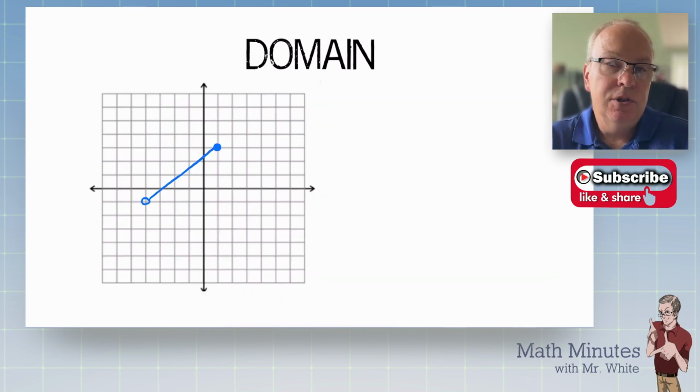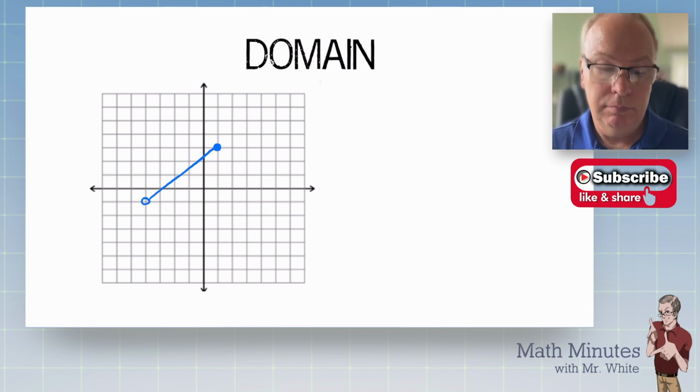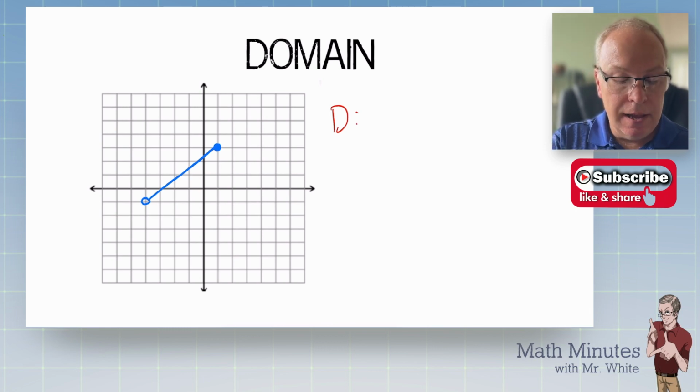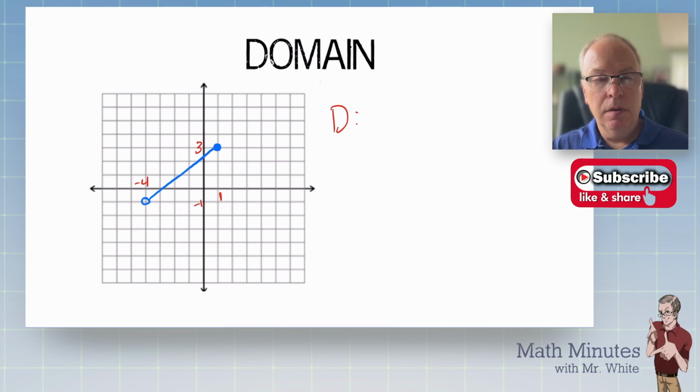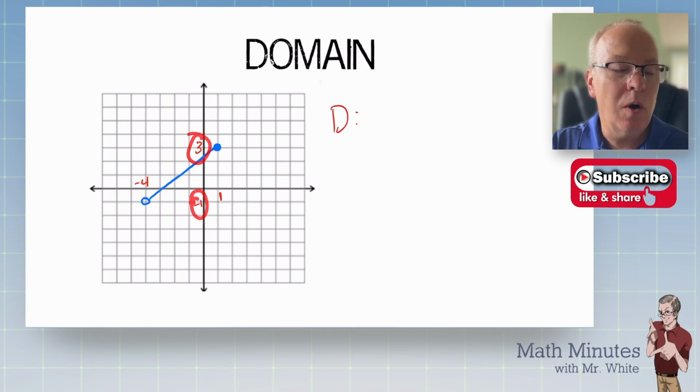Okay, so here's a graph. Pause the video. What's the domain here? How far left does it go? I'm going to do a couple of crazy things for you. So that 3 and the 1, the negative 1, those are y values.